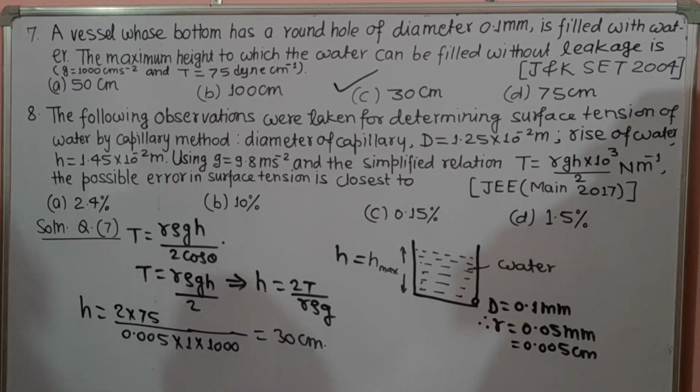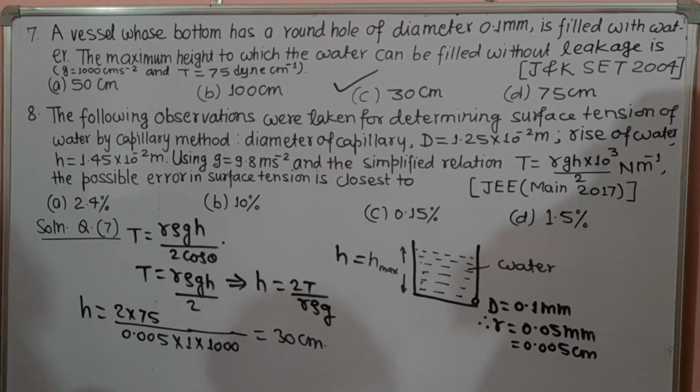Next, question number 8. The question is, the following observations were taken for determining surface tension of water by capillary method. Diameter D is equal to 1.25 into 10 to the minus 2 meter. Rise of water H is equal to 1.45 into 10 to the minus 2 meter.